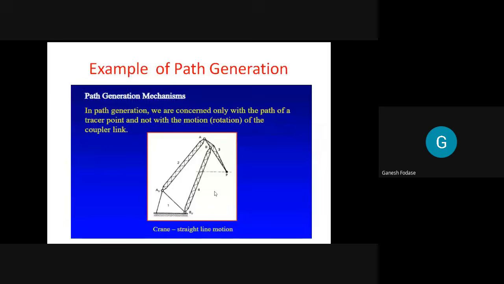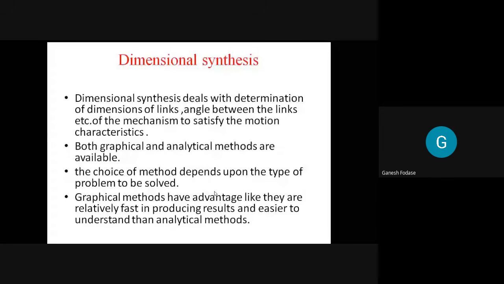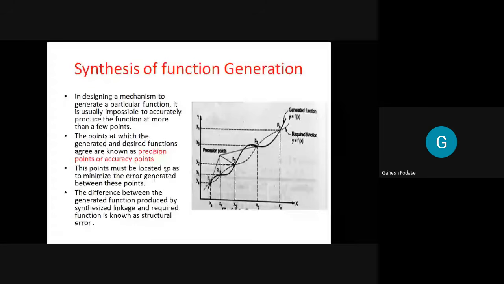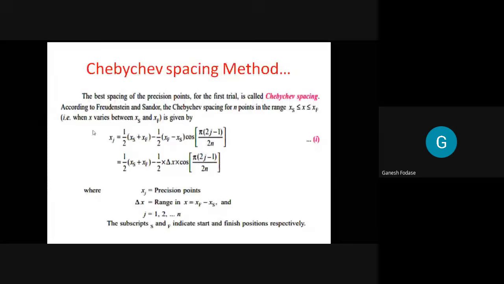And in dimensional synthesis, we discussed there are 2 methods, analytical as well as graphical. Here, before starting analytical methods, I discussed two more important definitions, that is precision point and structural error. At the end, we discussed how to locate those precision points by using the Chebyshev spacing method, by the analytical formula, as well as by the graphical method. This is what we covered in today's lecture.